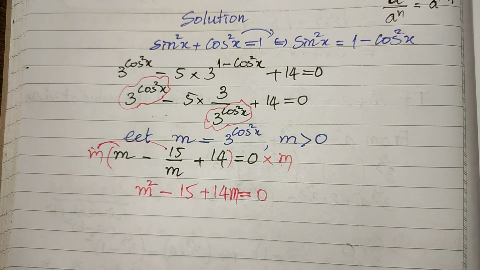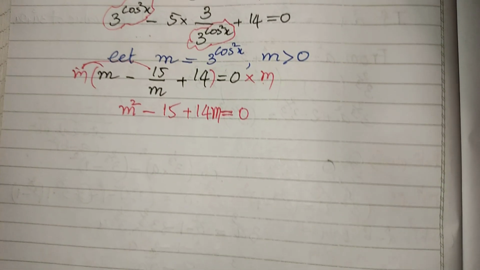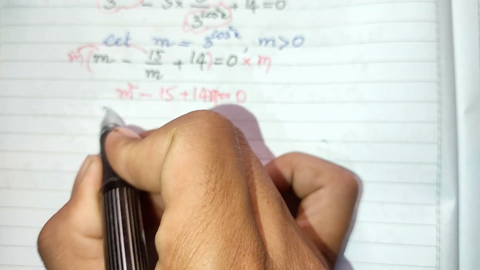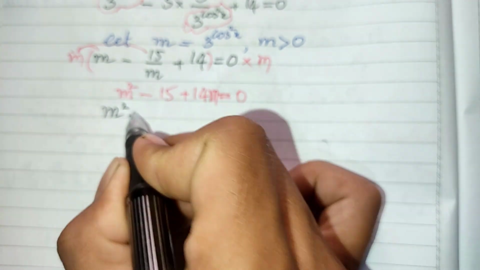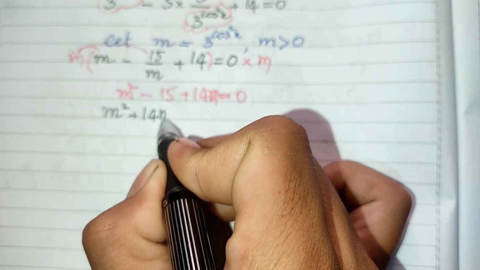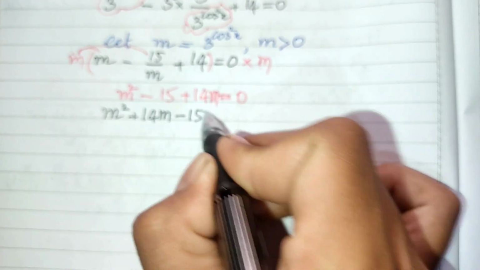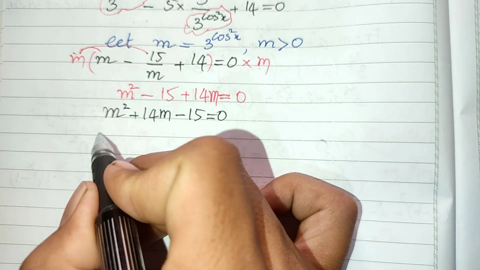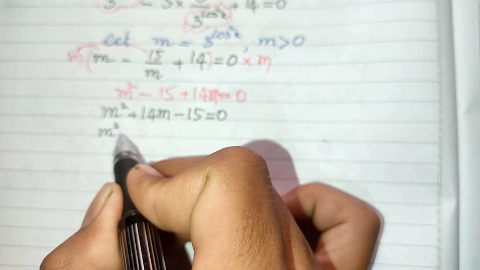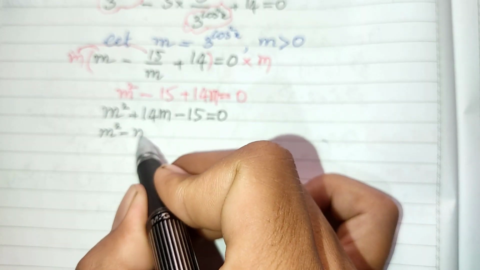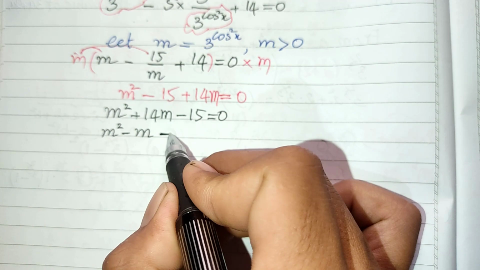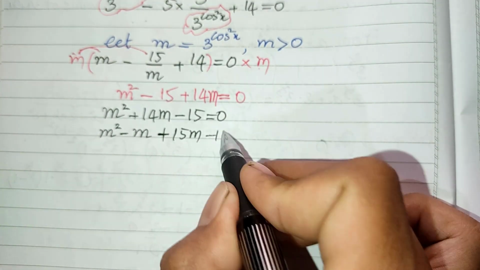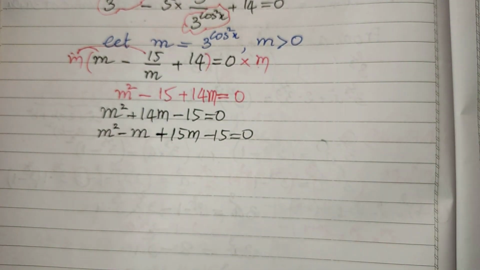Now we have a second-degree equation: m squared plus 14m minus 15 equals 0. This can be written as m squared minus m plus 15m minus 15 equals 0.